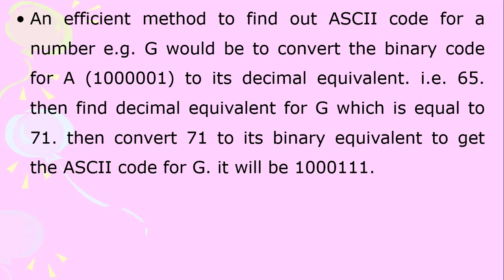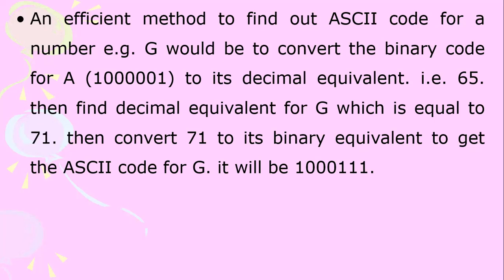In other words, I'm simply saying that because you know that the equivalent of character A is 65, just count from 65 upwards to be able to know the decimal number that is equivalent to the letter that you want to represent.